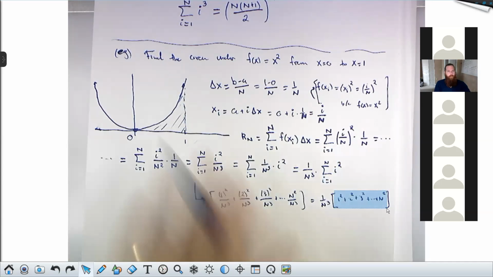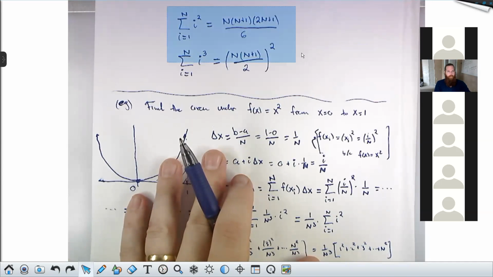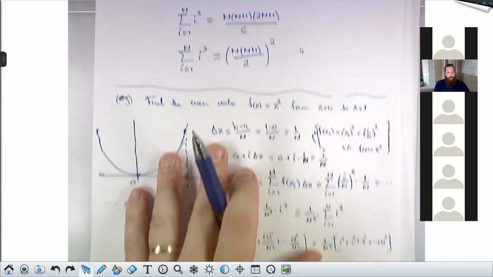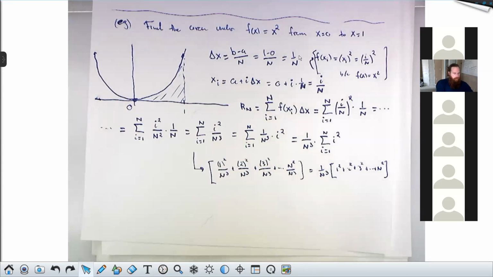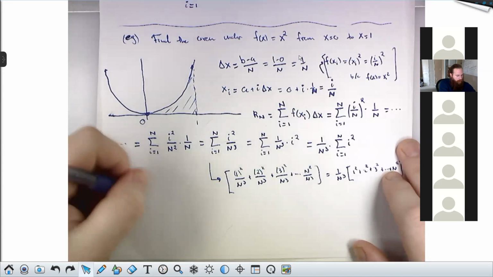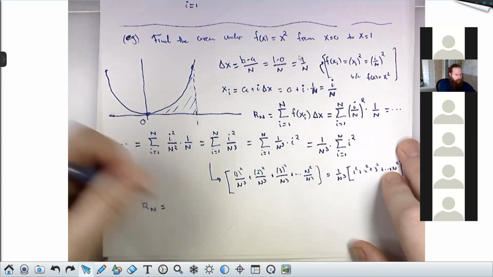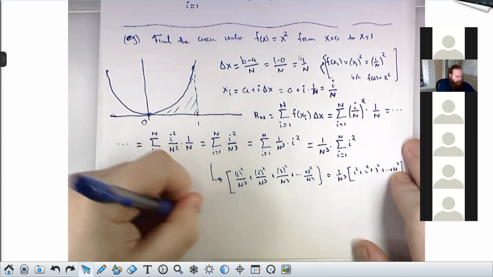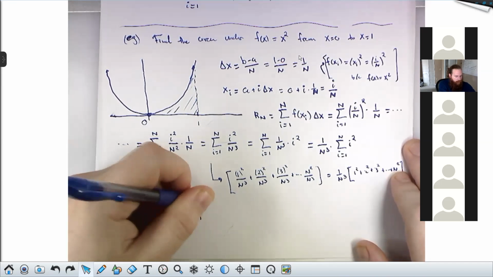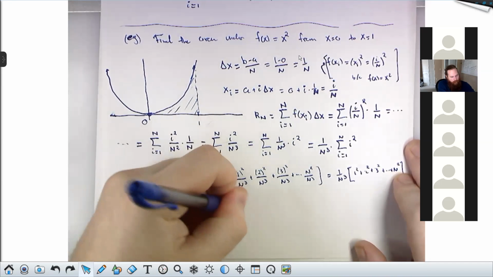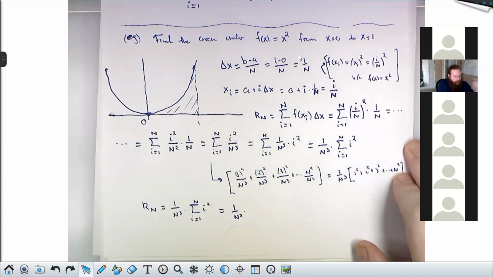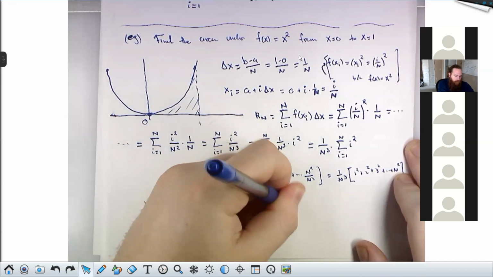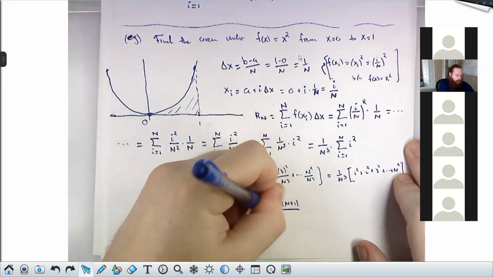The sum of the first n squares is n times n plus 1 times 2n plus 1 over 6. So Rn is equal to 1 over n cubed times the sum from i equals 1 to n of i squared, which is 1 over n cubed times n times n plus 1 times 2n plus 1 over 6.